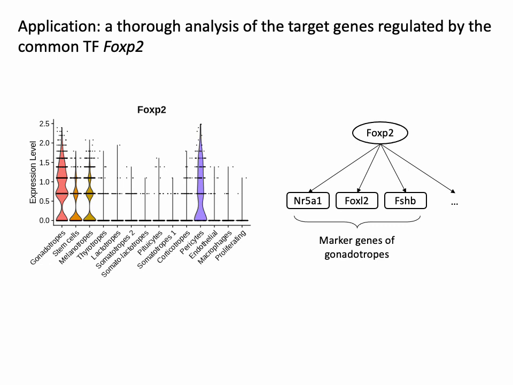We first used CREMA to find the target genes that are likely regulated by FOXP2. Within these target genes, we found many genes that were previously non-cell type marker genes in the pituitary tissue. Here are some examples of genes that are marker genes for a cell type called gonadotrope. This is also one of the cell types where FOXP2 is highly expressed.